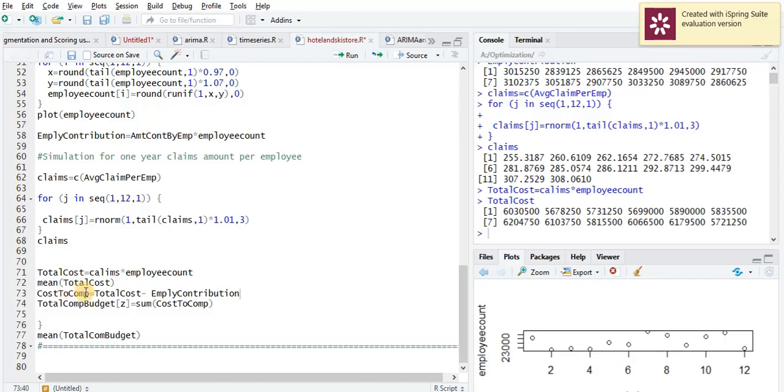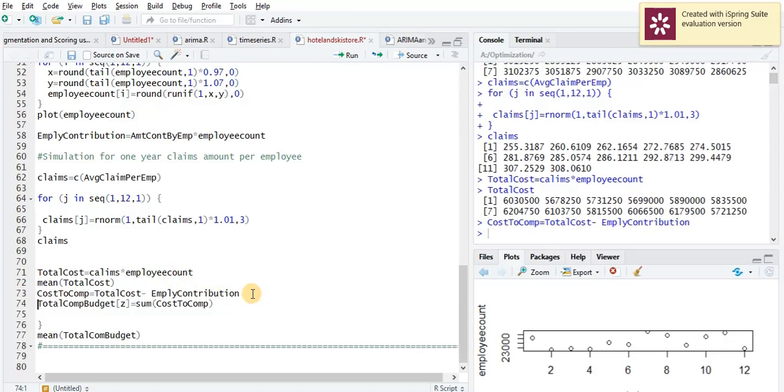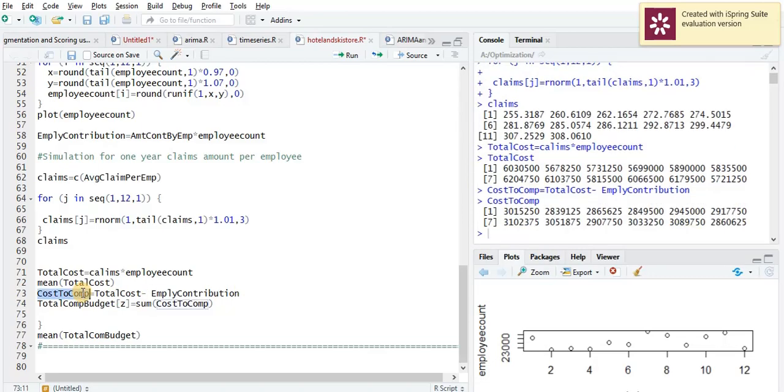But what will be the cost to the company due to health insurance claims? The cost to the company is nothing but the total cost of health insurance minus the employees' contribution. From this cost to the company, we can calculate how much cost the company has to bear for health insurance.